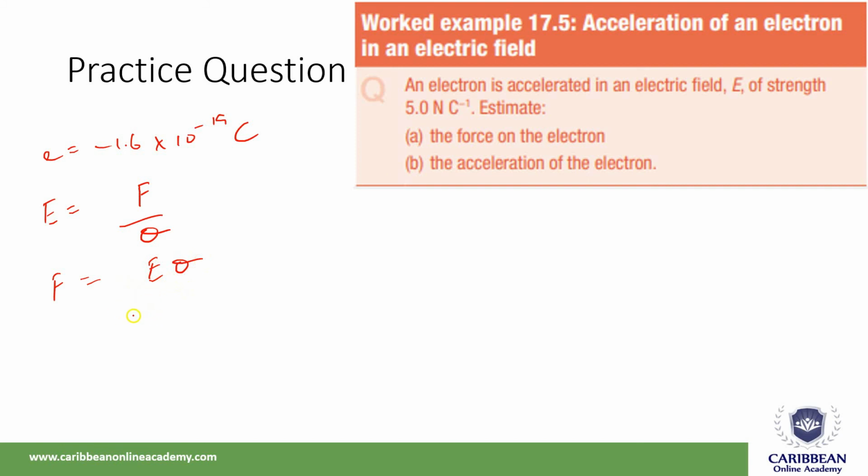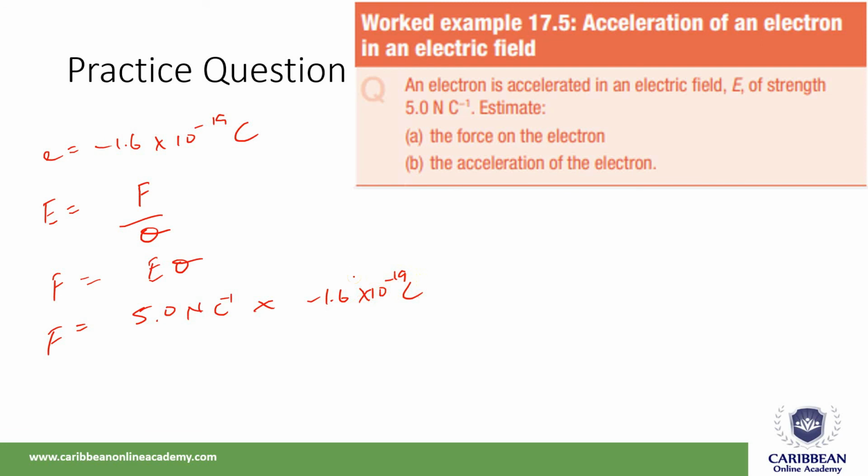So we know what the electric field strength is. Our force is going to be equal to 5.0 newtons per coulomb times the charge, which is negative 1.6 times 10 to the minus 19 coulombs.